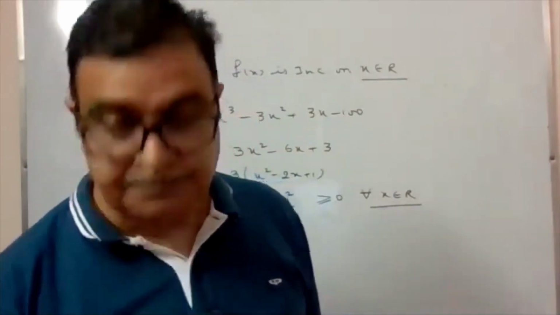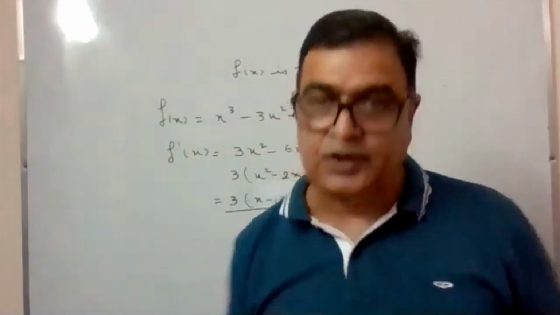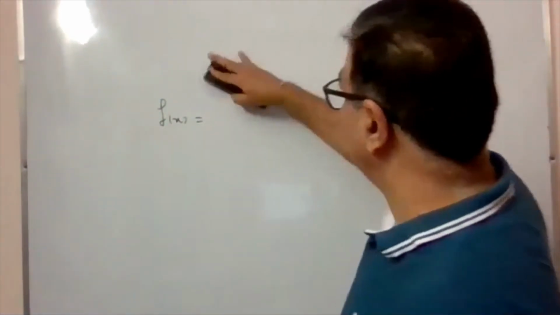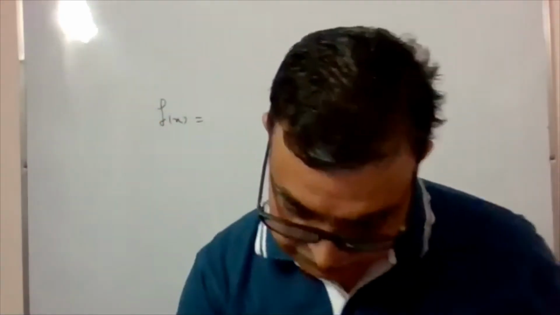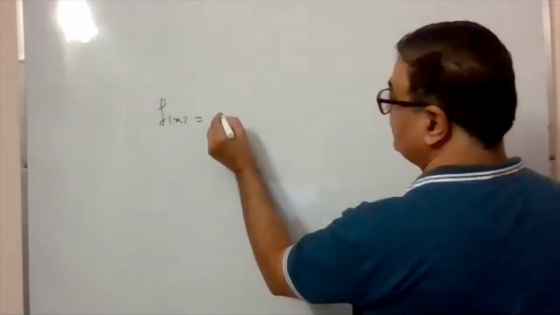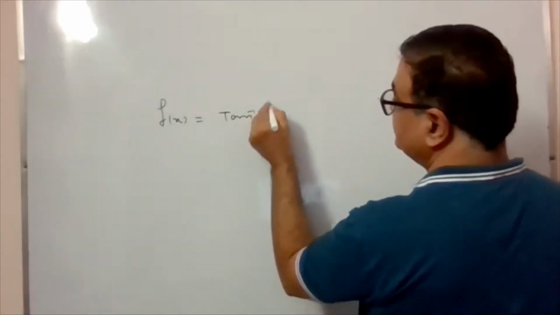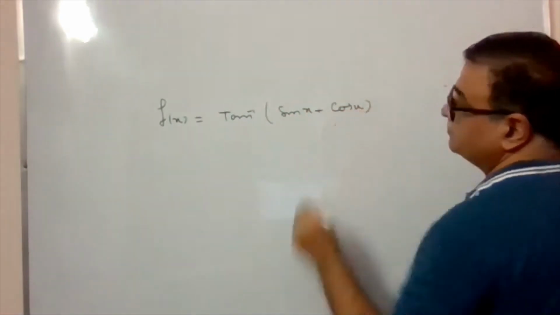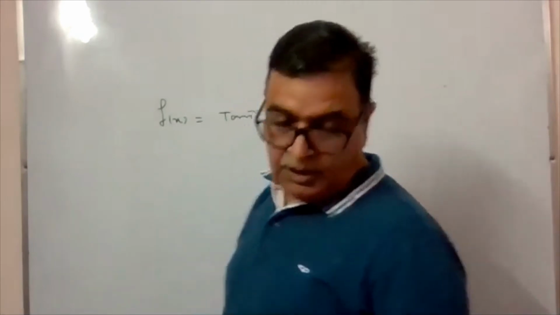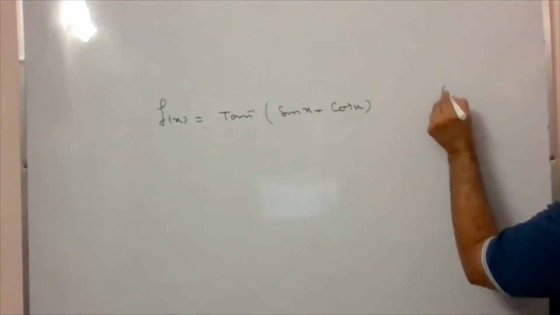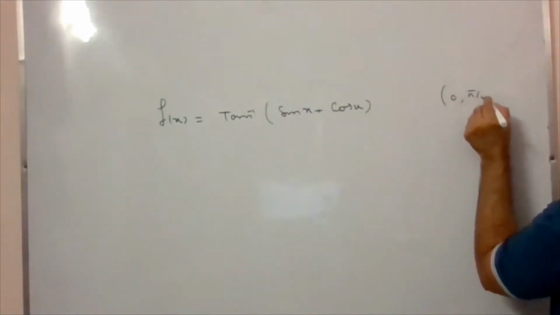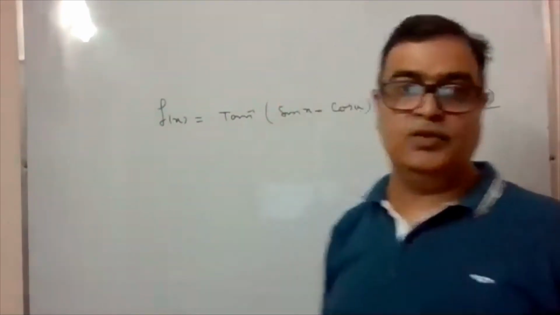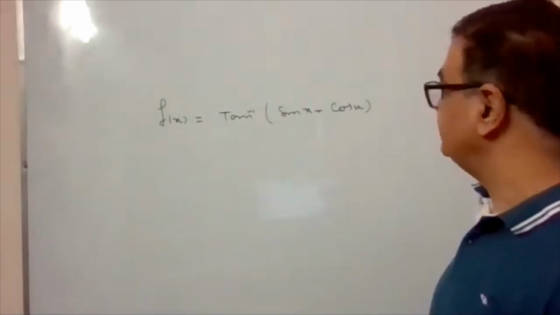Next question, please. fx is equal to tan inverse of (sin x plus cos x). An interval is given from 0 to pi by 4. fx is equal to tan inverse (sin x plus cos x).